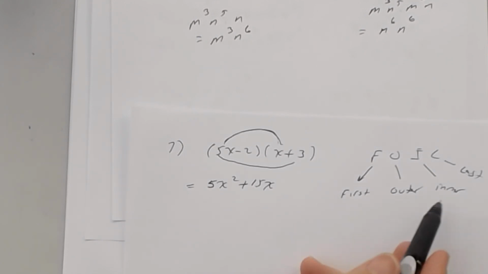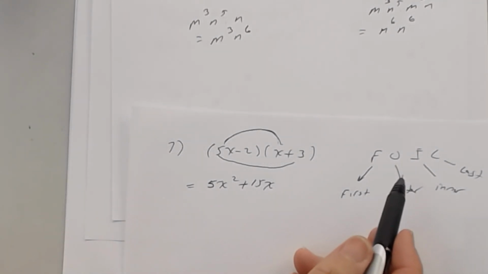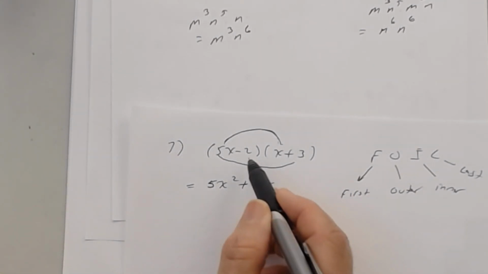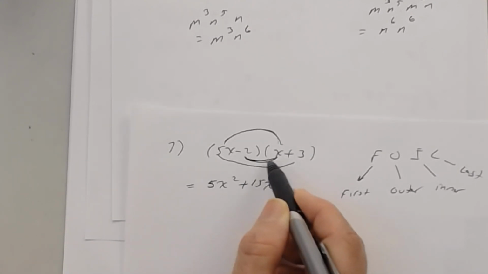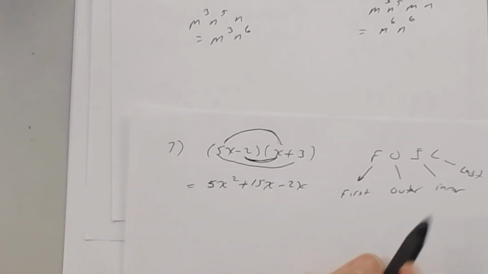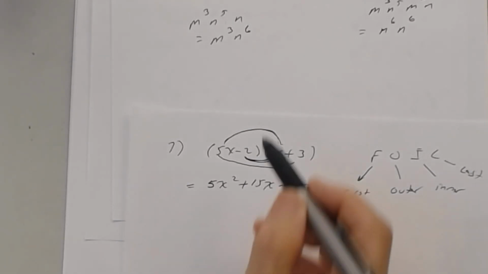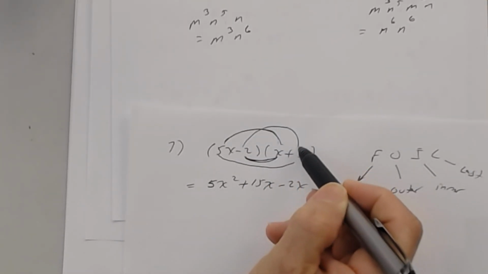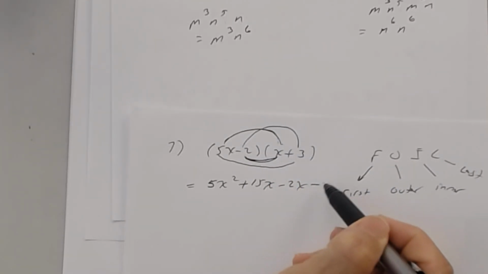Okay. I means the terms on the inside. What is the product of those 2 terms? Negative 2x. And L is the same idea as F. F, remember, was the first terms of each binomial. You multiply them. The L is the last terms of each binomial. So that's -2 times a +3, which is a -6.